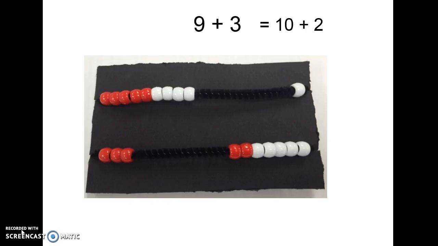Now, a question I asked the kids in class on Monday. Why is using the rekenrek and manipulating a rekenrek more complex than how we started with physically moving the chips on the 10 frame?